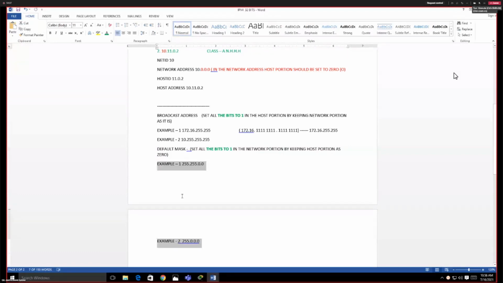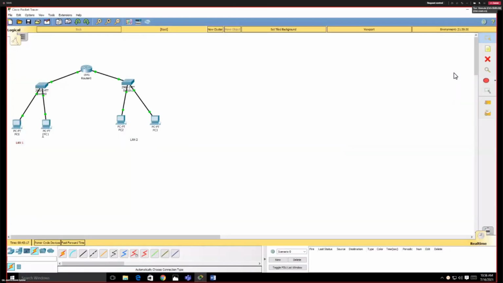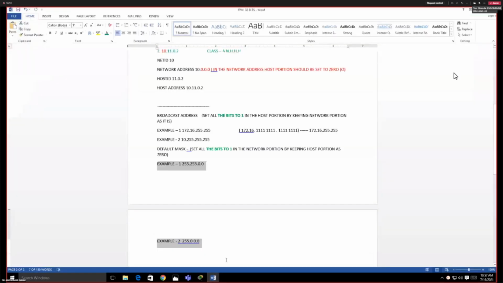Do you have any query in the default mask and broadcast address? Now, broadcast address, listen carefully, let me explain. If in LAN 1 you have 3 computers, or more than 3, connected with a switch, and the first computer PC0 wants to send a broadcast message. Broadcast means one to all.